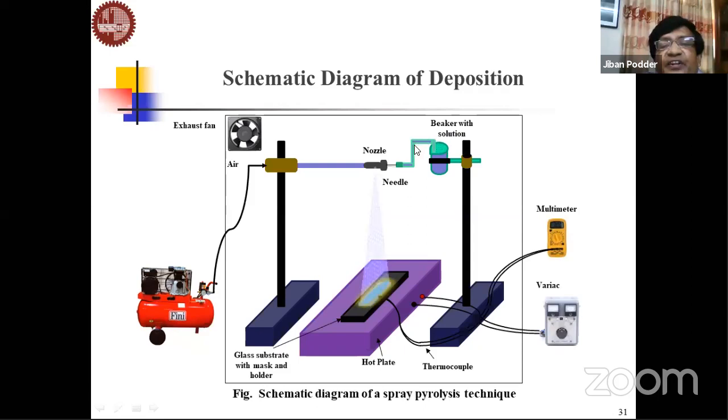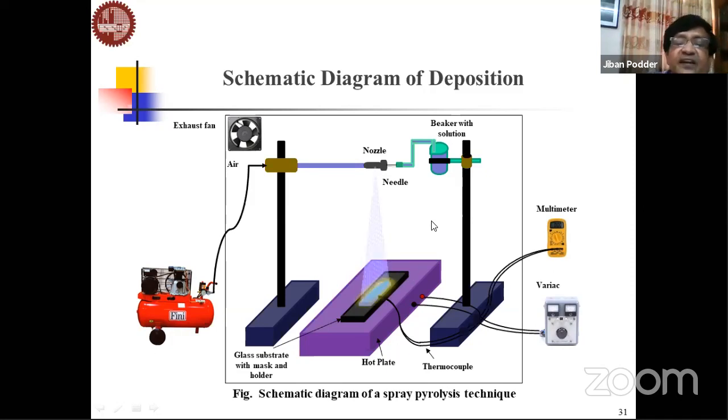By siphonic pressure, it comes to the end of the needle, and by the air pressure, all these aqueous solutions come out in the form of small water droplets and fall on the surface. This is called the substrate, and there is a hot plate, which is maintained to provide thermal stimulation, and the formation of the crystals depends on this temperature.